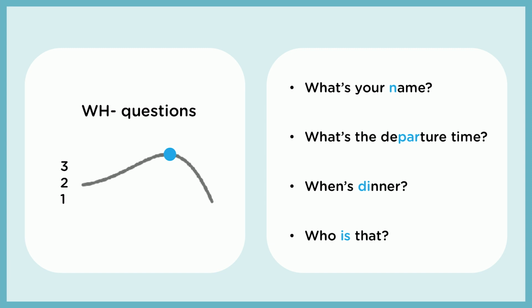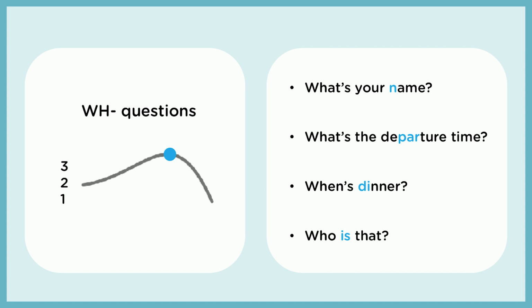I've completely forgotten. What's your name? J. And there we have the question. What's your name? So the N is the highest part of how I'm lifting my voice. What's your name? And then I bring it back down. What's the departure time? What's the departure time?